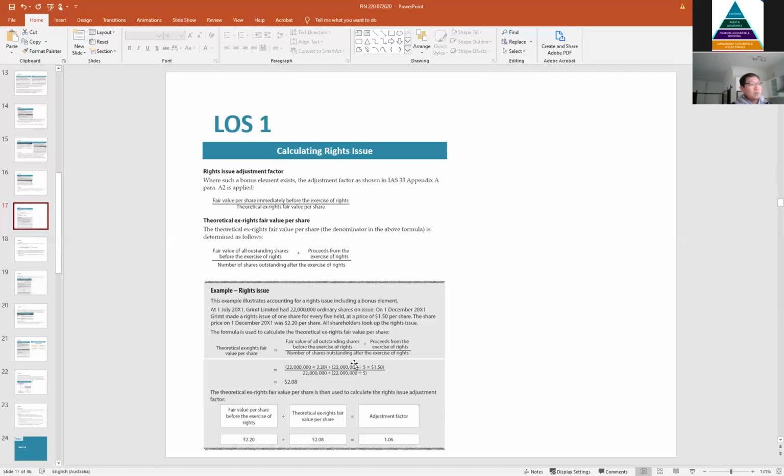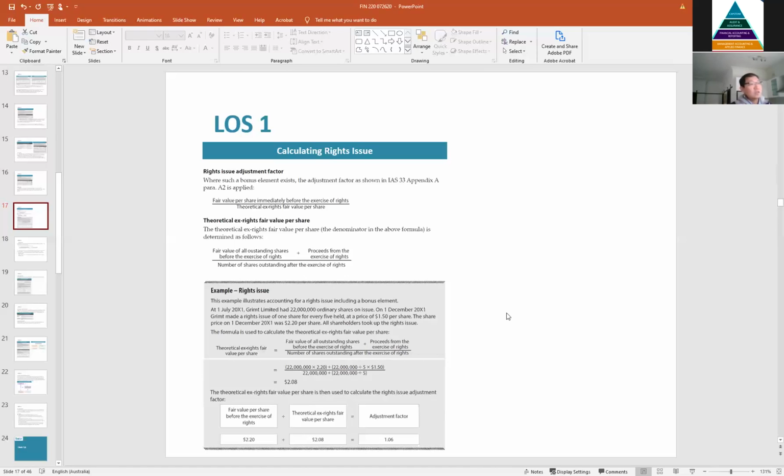We're told that everybody took up the rights issuance, which means that 22 million divided by 5 is how many additional shares the company would have issued, multiplied by the issuance price of $1.50.